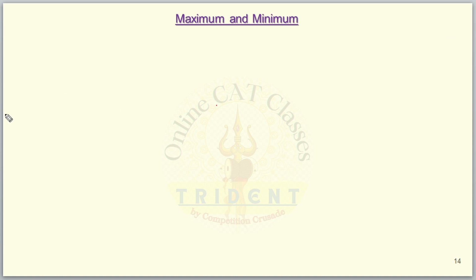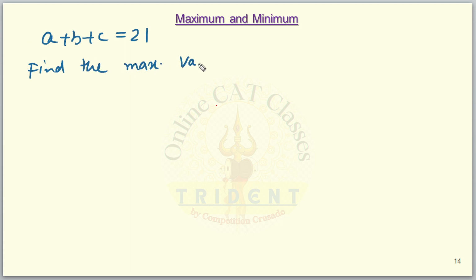Okay. Now let's look into a very interesting question, a difficult question. The question says that for the same thing, A plus B plus C is equal to 21, and you have to find the max value of A into B square into C raised to the power 4.